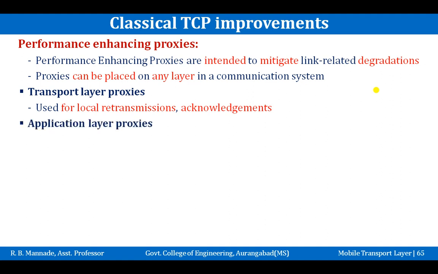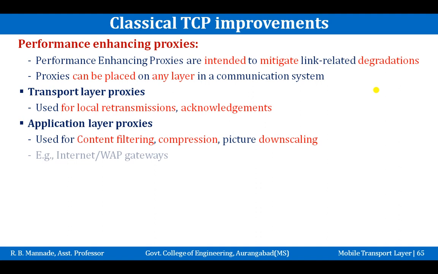Then proxies at the application layer are used for content filtering, compression, and picture downscaling. For example, internet or web gateways, where the proxies are implemented at the application layer. The next example of application layer proxies are the web services gateways.